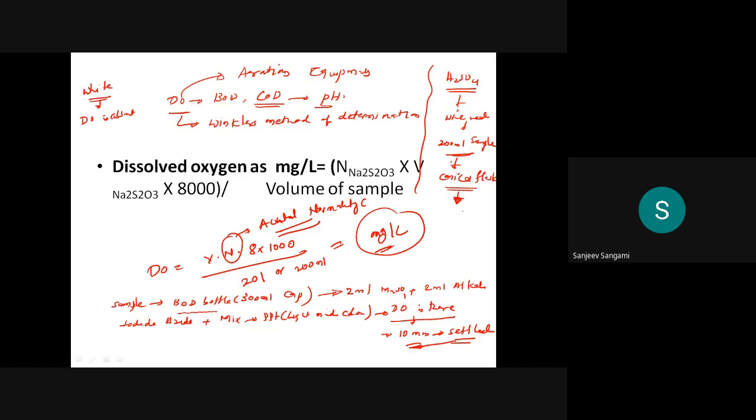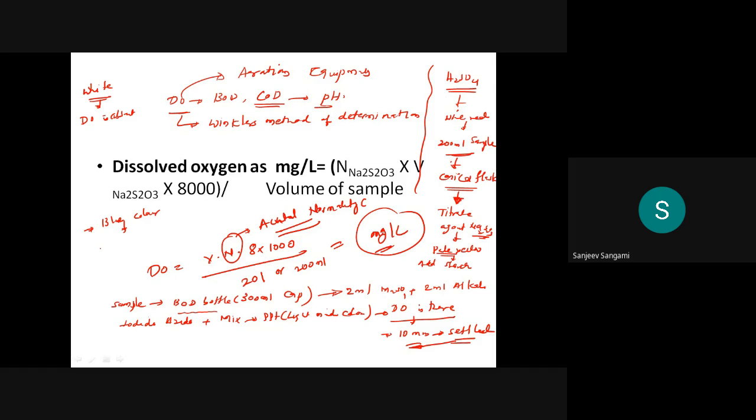Titrate it against Na2S2O3, that is sodium thiosulfate, till you get pale yellow. Remember, till you get pale yellow. Then add starch indicator, it will turn to blue color.